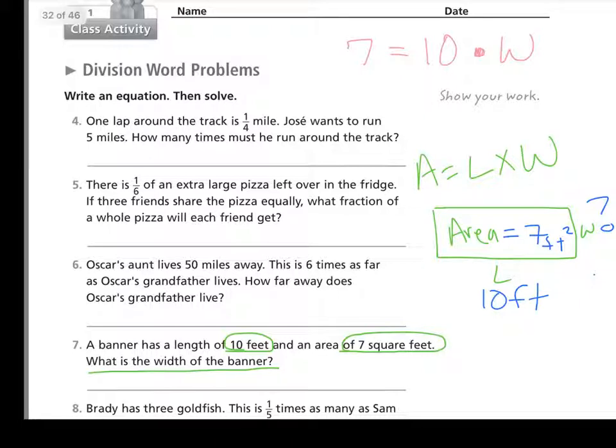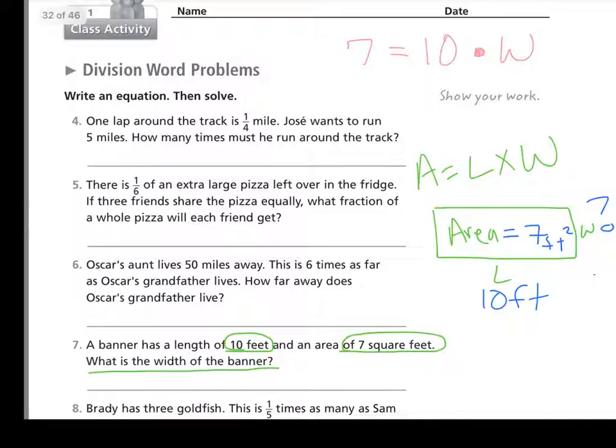One of the things to remember with algebra is that whenever you do something to one side, you must do it to the other side as well in order to keep the problem equal. Right now, we have an equal sign here, which says that 7 is equal to 10 times some number. We don't know what this number is, and that is our goal, to find out what W equals.